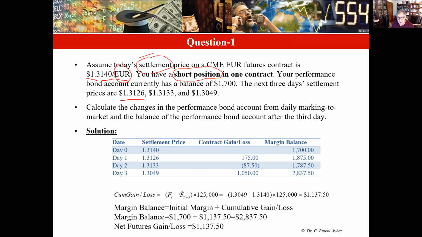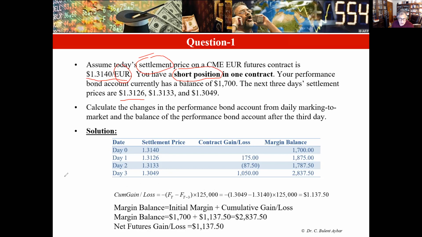The first day, the contract price is 131.26. The last contract price was 131.40, so we write down F_T minus F_(T-1), the difference in contract price, and multiply that by the number of units in the contract, which is 125,000. That would give us a gain of $175.